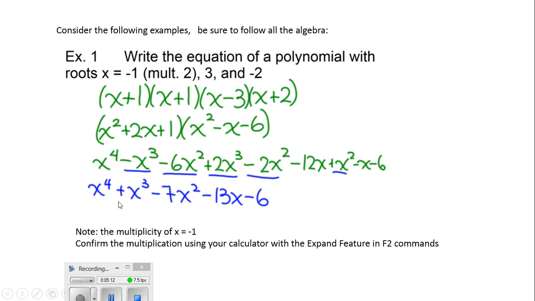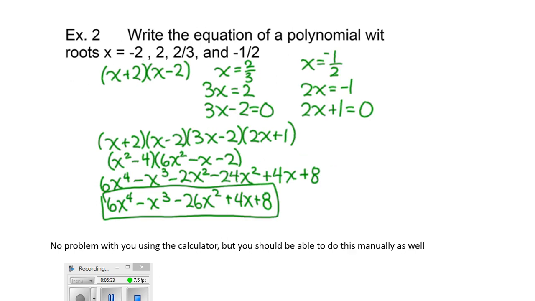Now, we wouldn't know at this point how to factor that, but, working with the solutions, we were able to come up with the polynomial. And like I said, you can confirm with your calculator using the F2 expand feature to verify that. Another one.